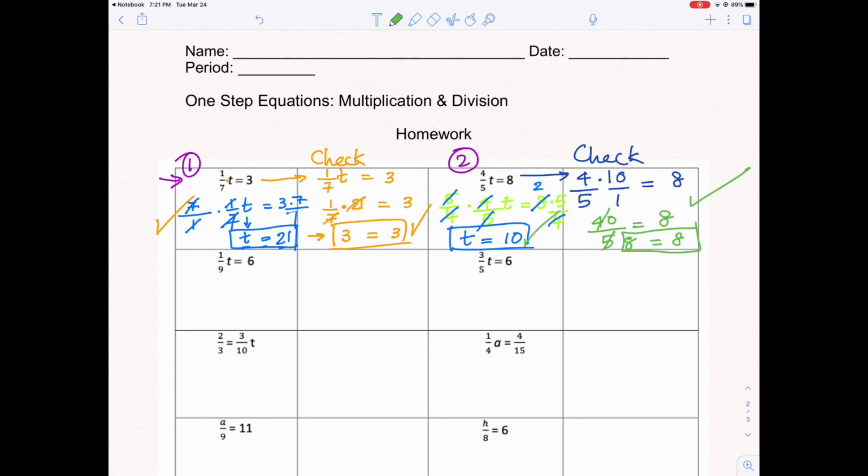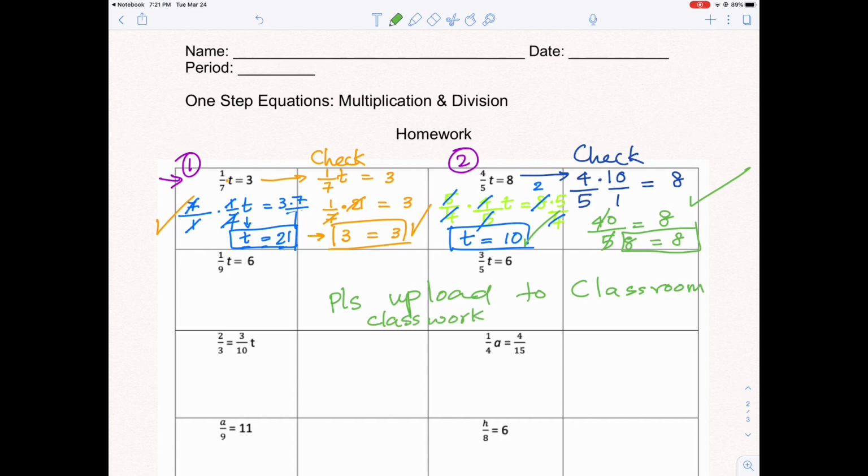Good? Alright. Now you try these problems and please upload these answers to your classroom notebook. Remember the classroom notebook on Teams? You can upload it to classwork.